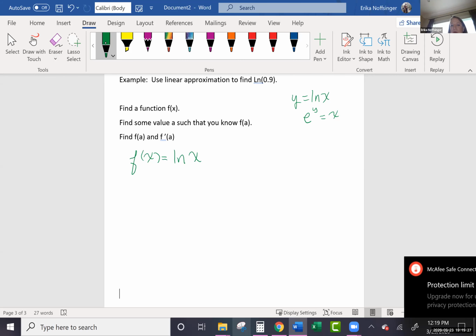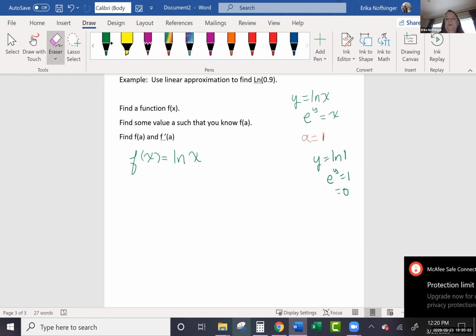And we need to choose a number that's close to 0.9. And so we should choose a to equal 1. The reason is if we had y equal to the natural log of 1, well, e to the y is 1. What number can we raise e to get 1? This is equal to 0.